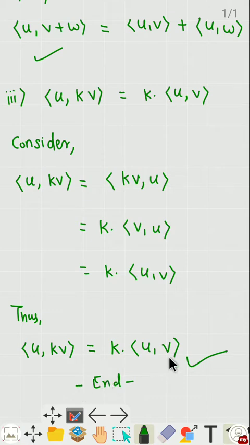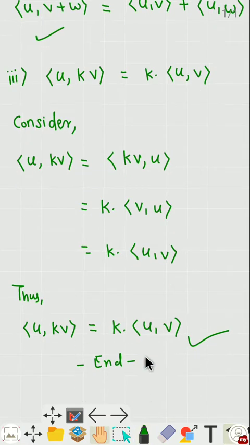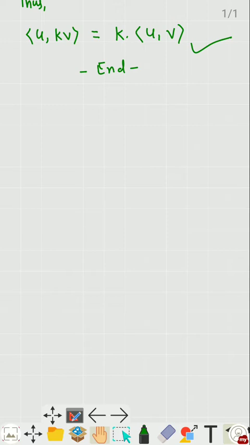Okay, now let us go to the next. In the vector space Rn, the dot product is an inner product.